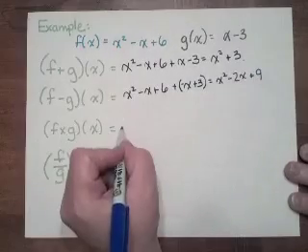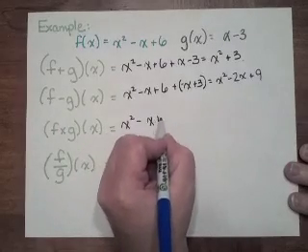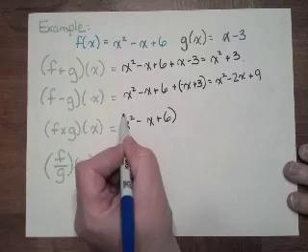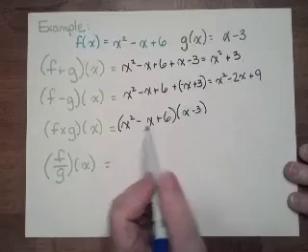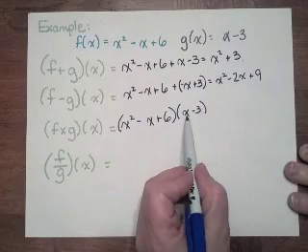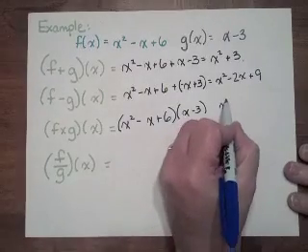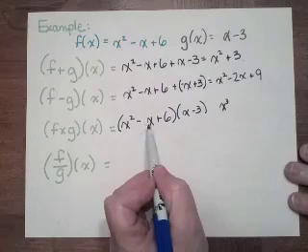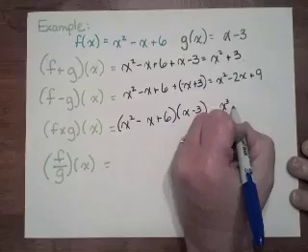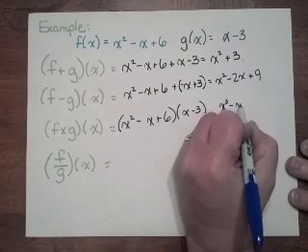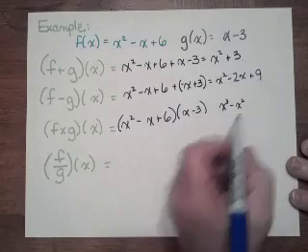Now I'm multiplying, so I have x squared minus x plus 6 times x minus 3. This one's going to take a little bit longer. This time I'm going to do some distributive properties. So I have x squared times x, which is x to the third, negative x times positive x, which is just going to give me negative x squared, 6 times x, which is just 6x.